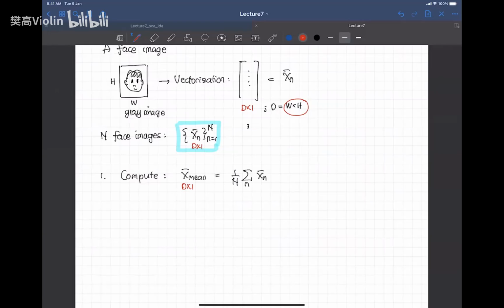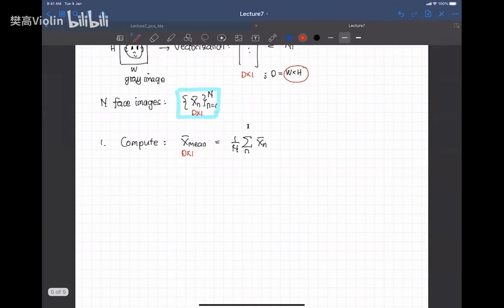Okay, so step 2. You need to form S, where S again is d by d. So what is S?